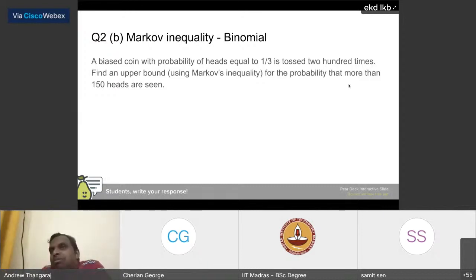It will be some big quantity, difficult to calculate. So the utility of Markov inequality is that if you add up everything from 151 onwards, you will get something smaller than 2 by 3.